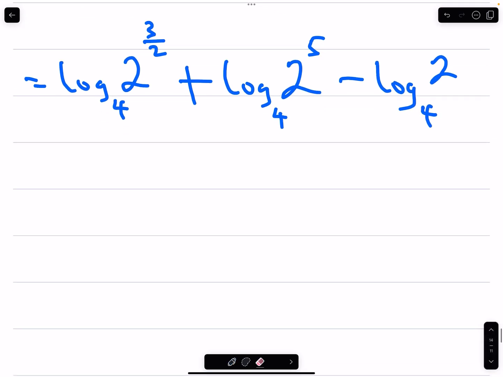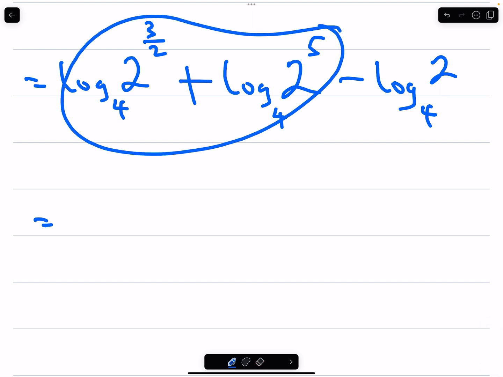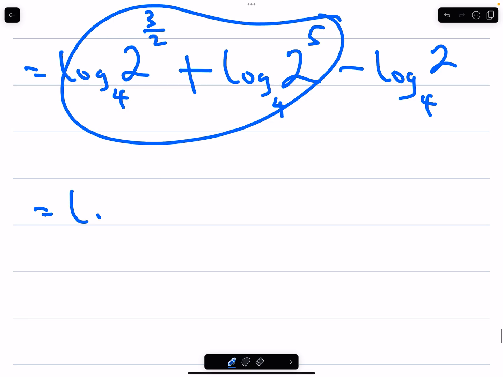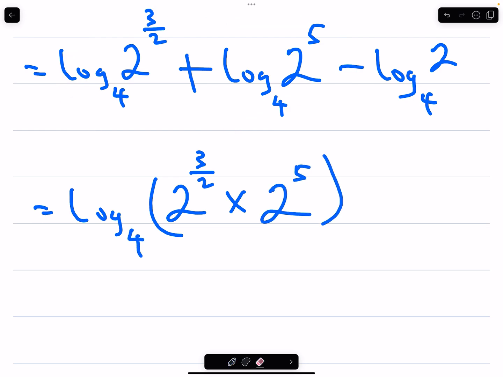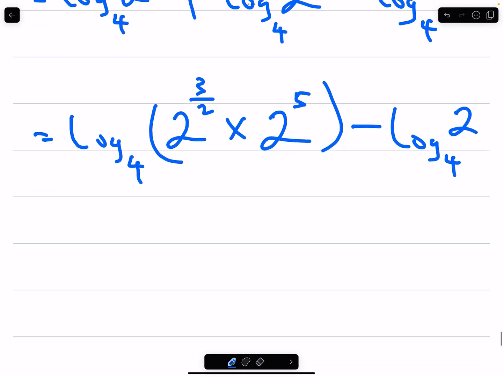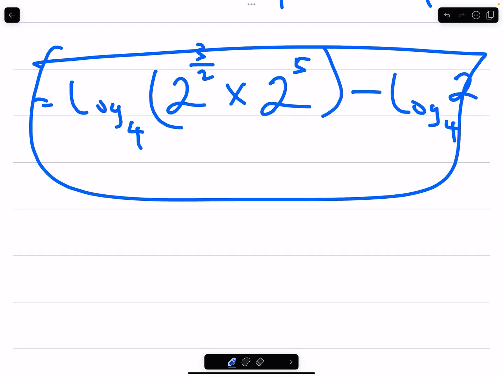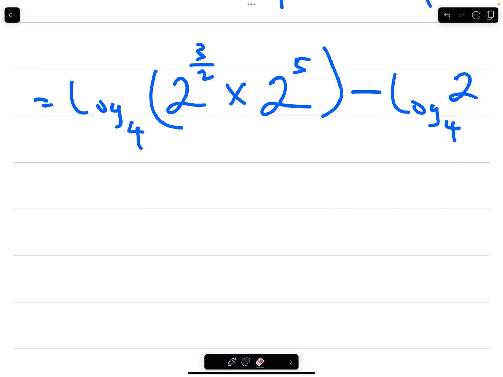If we combine these two by using the law that says log p base b plus log q base b is equal to log p times q base b, then this is going to become log 2 raised to the power 3 over 2 times 2 raised to the power 5 base 4 minus log 2 base 4. We can actually skip this step and just go straight to the next step, but I'm just showing it so that you don't get confused.